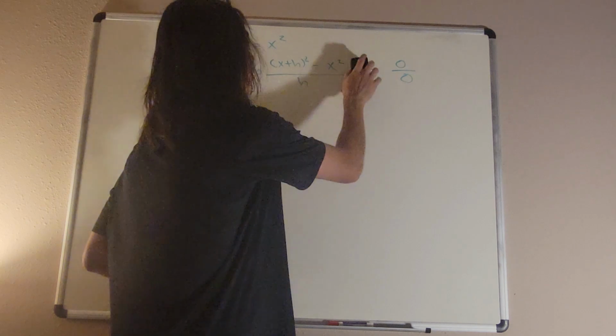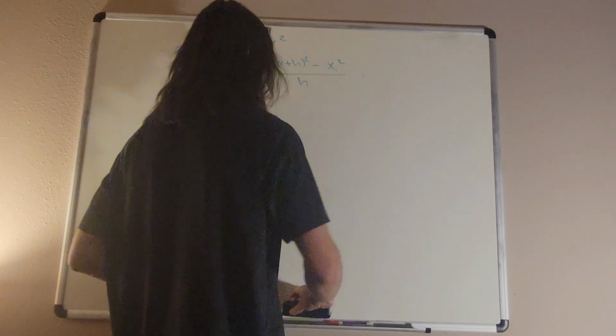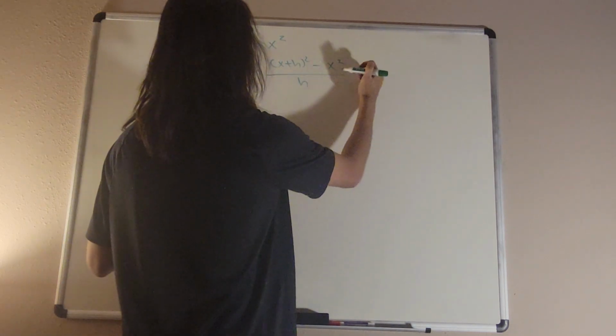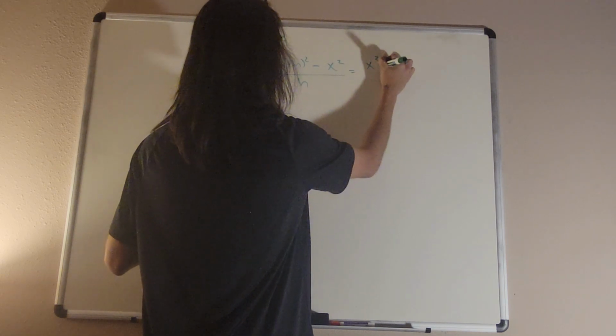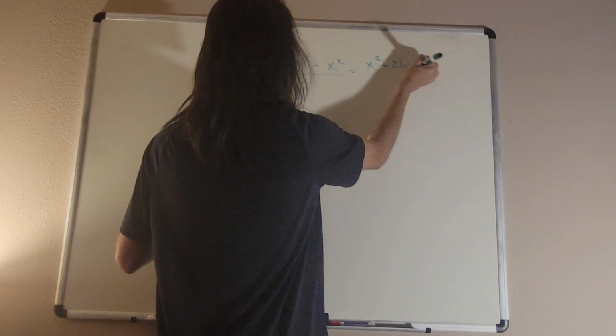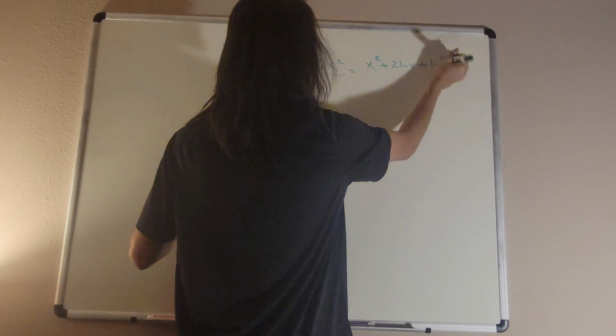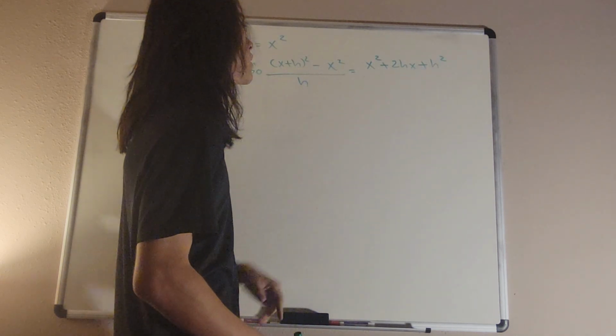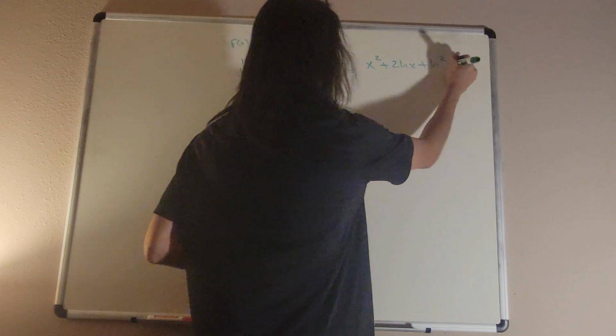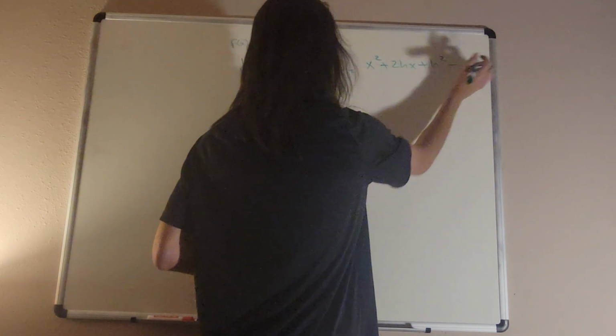So that's exactly what we're going to do. I'm going to say this is equal to x squared plus 2hx plus h squared. That's just the expanded form of this factored form. And then minus our x squared from here.